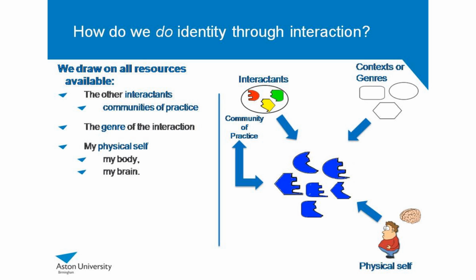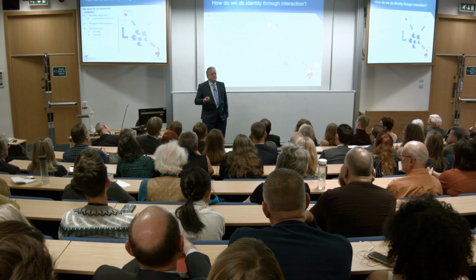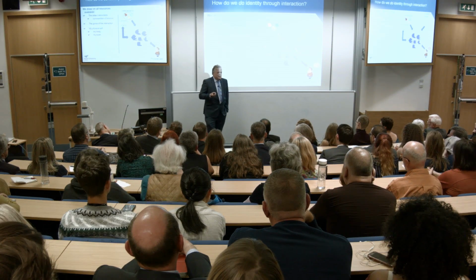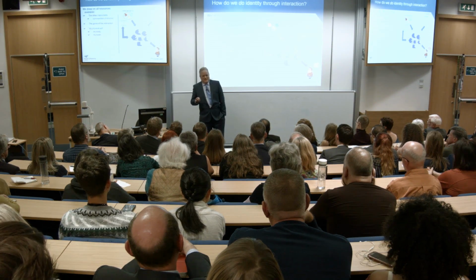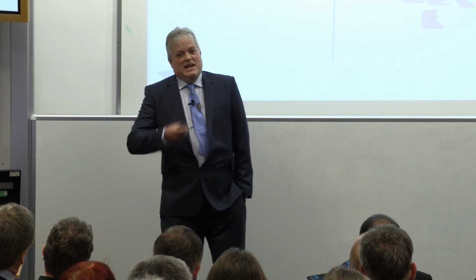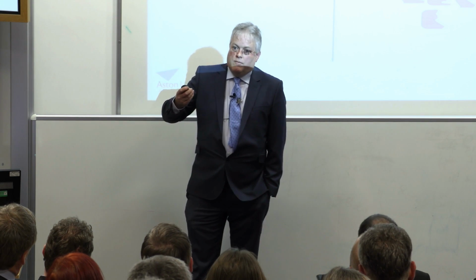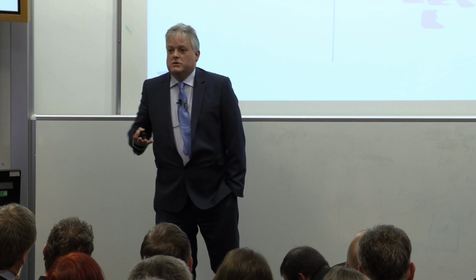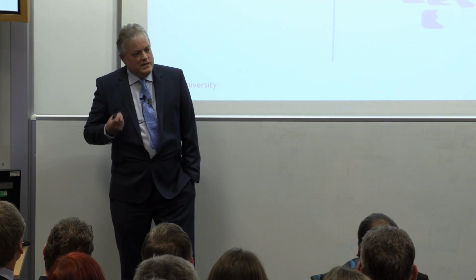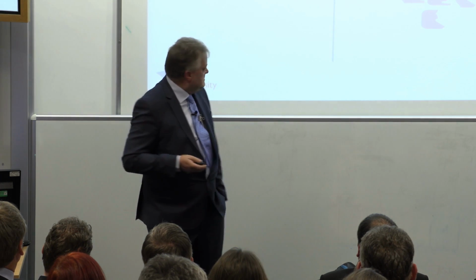If language is essential to identity performance, I can limit your identity performance by damaging your brain. So there has to be a link there. Less devastatingly, all of us have developed cognitive systems which allow us to interact with others in the world. So the brain is a crucial resource we draw on in our identity performances.